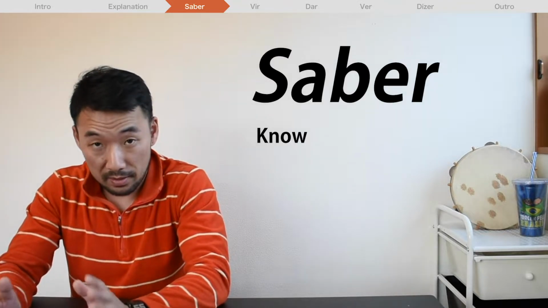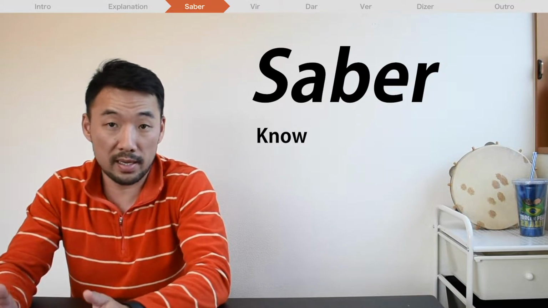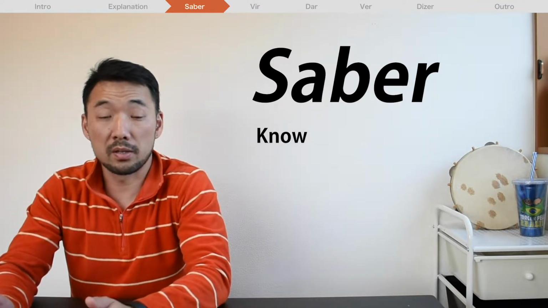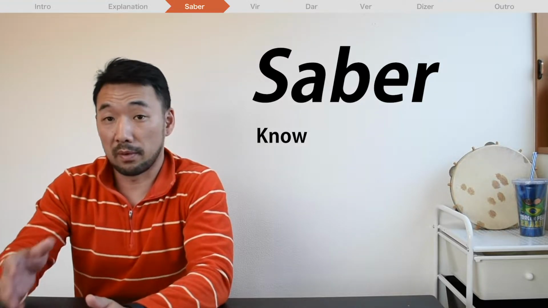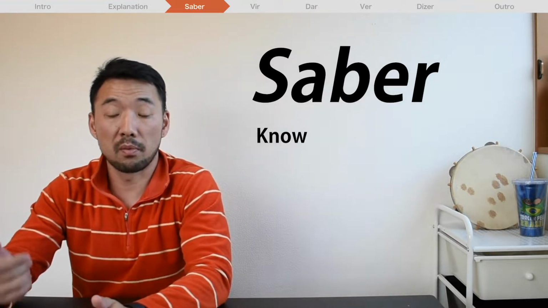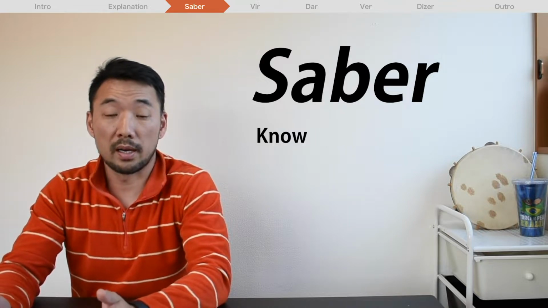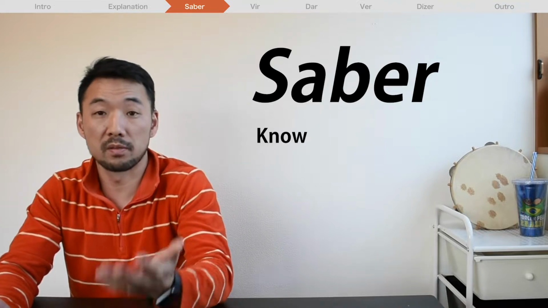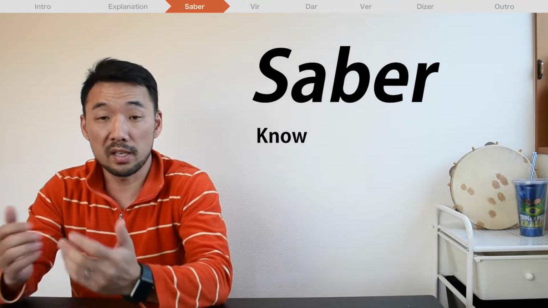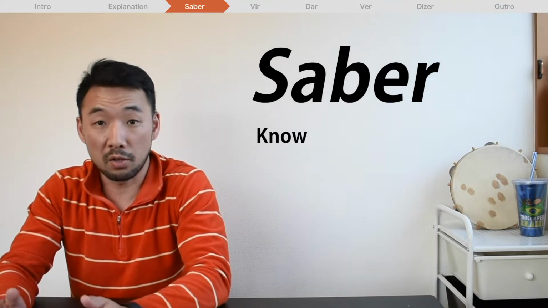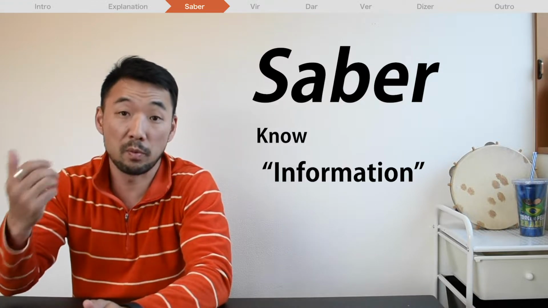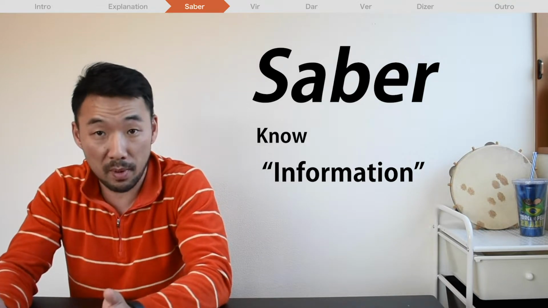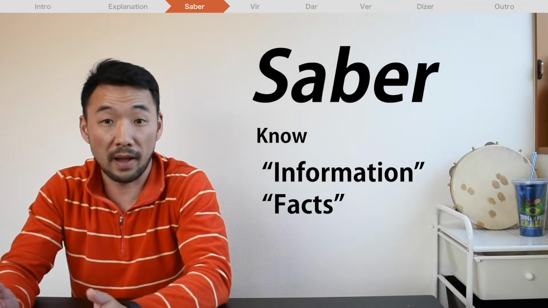But this saber is not quite as capable as know in English, because to cover what you can say with the verb know, in Portuguese you have to use 2 different verbs, one of which is saber. This verb is used to talk about when you know some information, or facts.